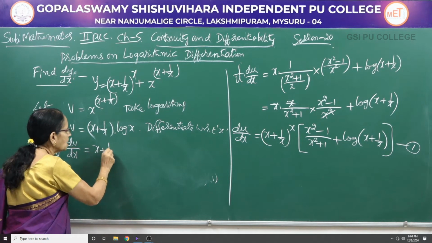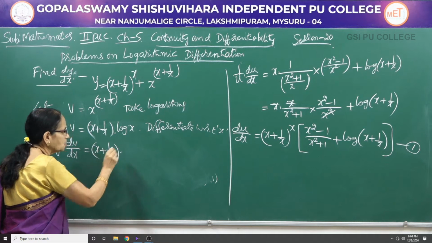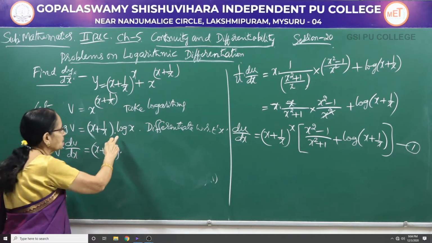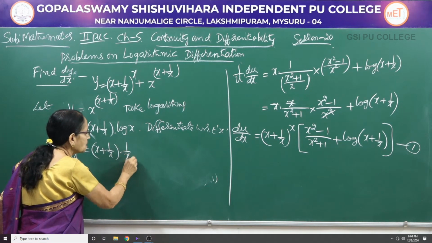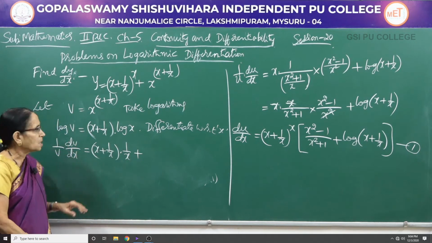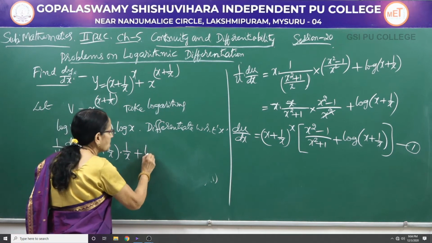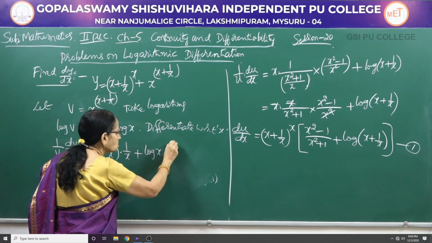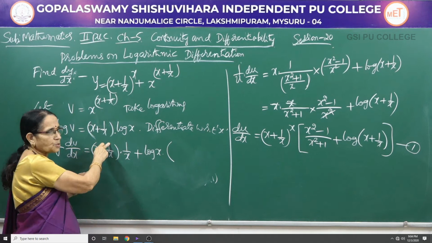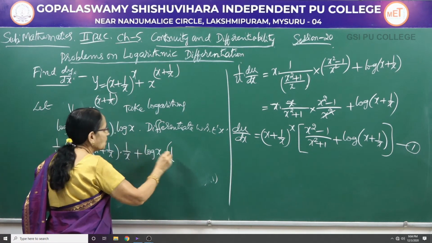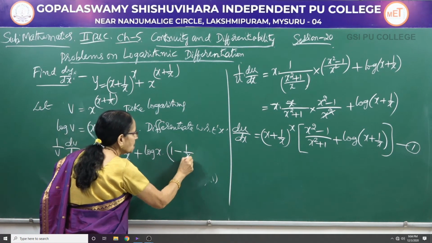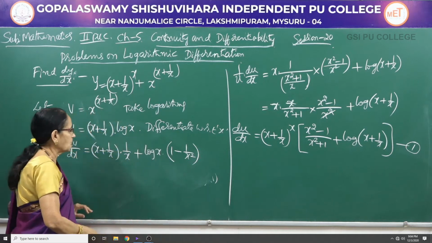First function x plus 1 by x into derivative of the second, that is log x has the derivative 1 by x. Now, both of them are simple functions in this case, plus second function, that is log x into derivative of the first. For x it is 1, for 1 by x it is minus 1 by x square.